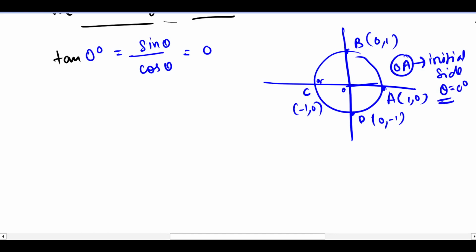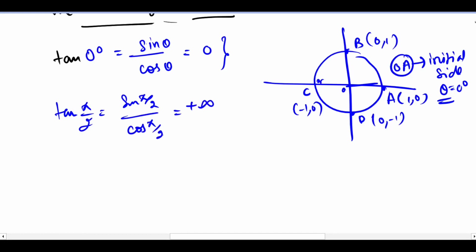So tan 0 is 0, and tan pi by 2 is sine pi by 2 upon cos pi by 2, which is plus infinity. This is the first quadrant, this is the second quadrant. Now tan pi is sine pi upon cos pi, which is 0.